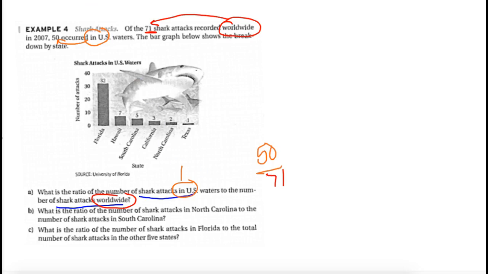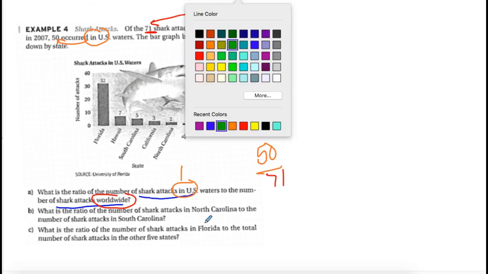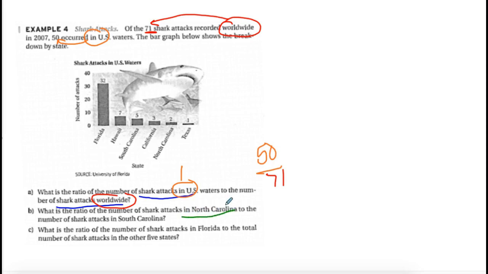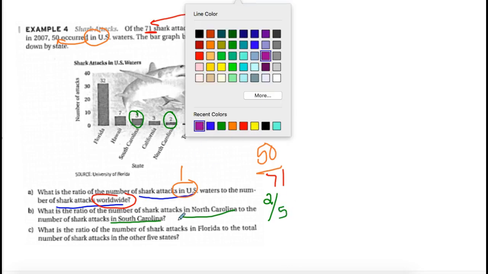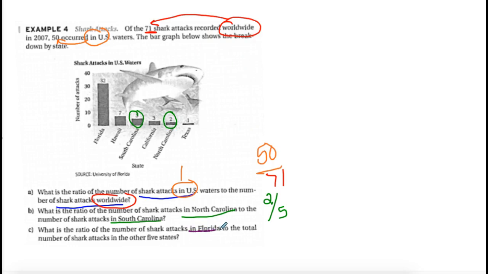Okay, so if we use that idea again, North Carolina had 2, and then South Carolina had 5. Let's try one more. Florida, 32.